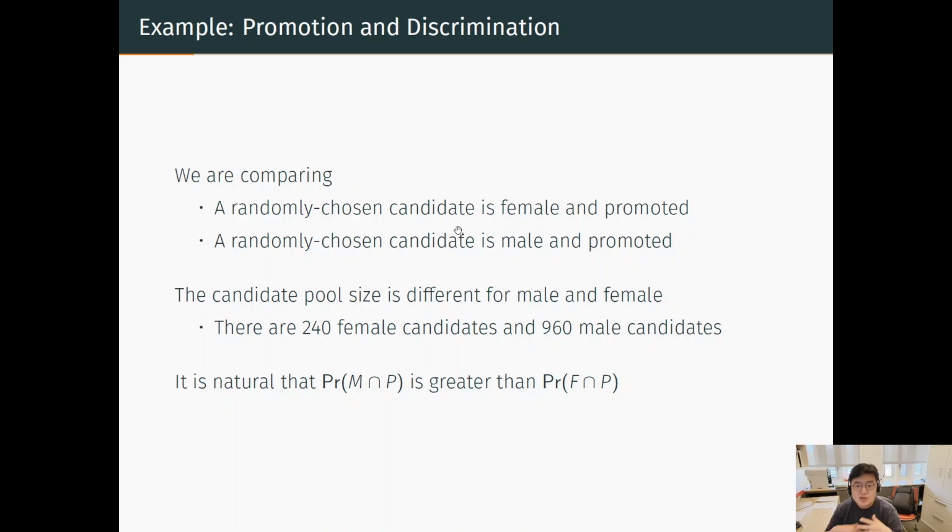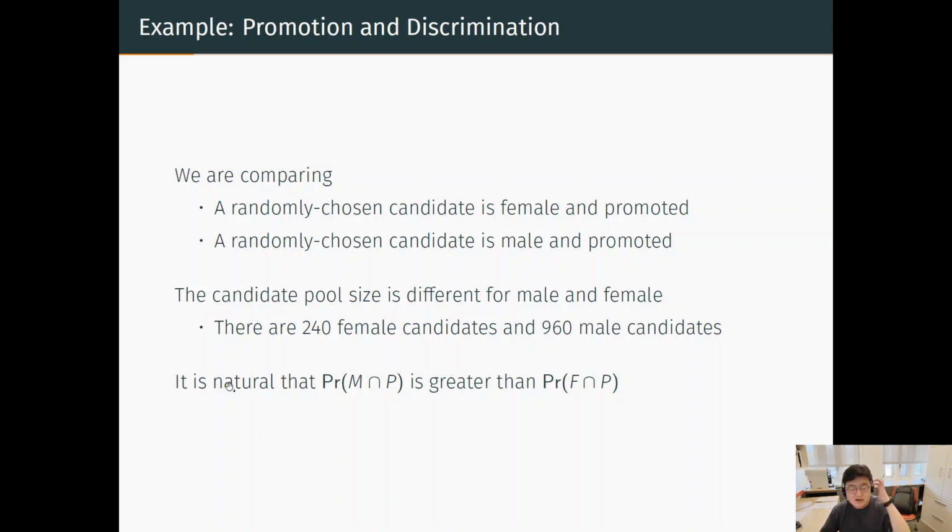So it is more natural that there will be more male and promoted police officers just because there are more male, right? Even though the promotion decision is purely independent, still the pool size must be adjusted, right? So it's not evidence.